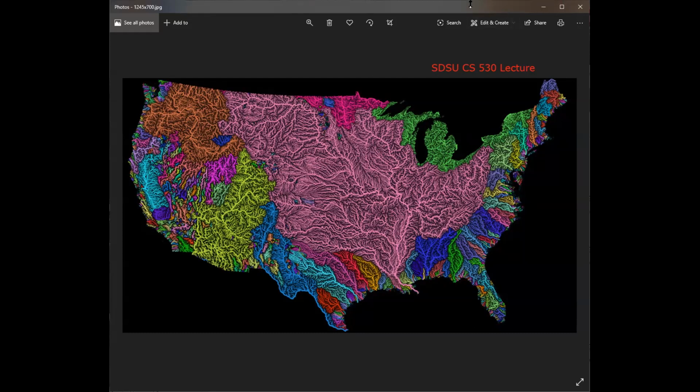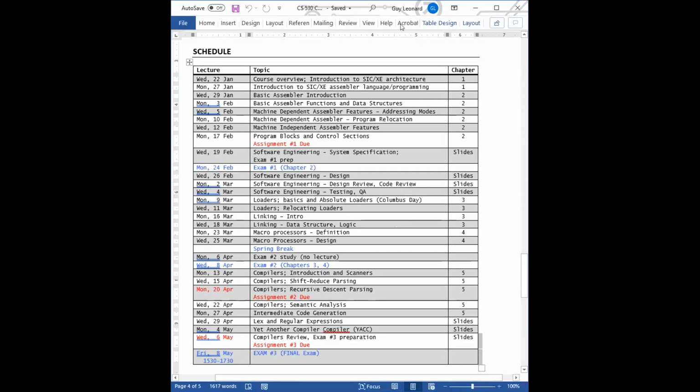Okay, so let's go ahead and change our share here. As a reminder, and I know you probably have this open already, we're going to be focusing on compilers for the rest of this semester.